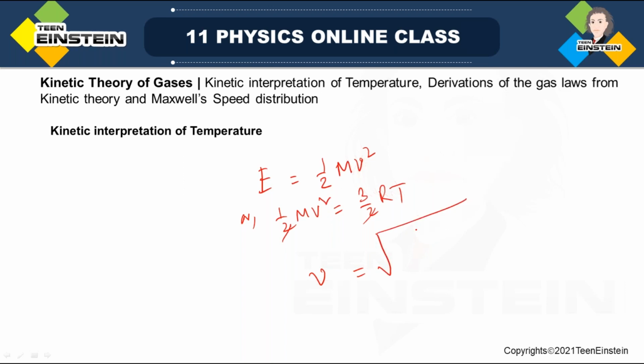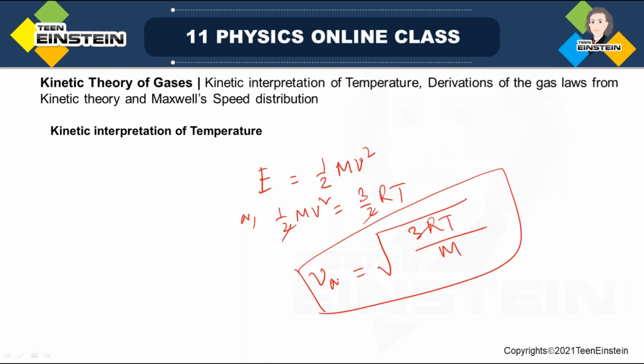What is that? Square root of 3 RT by M. I'm sorry, this is not the average velocity.